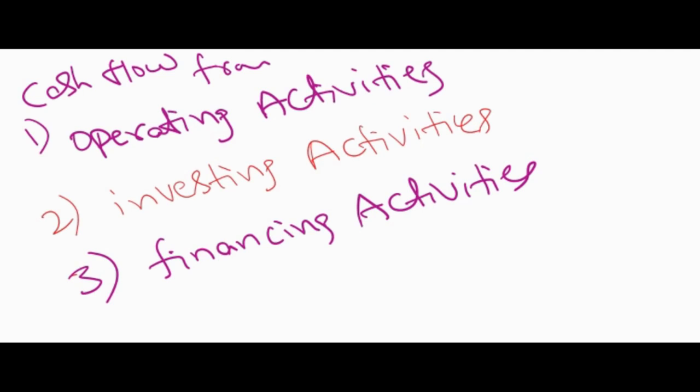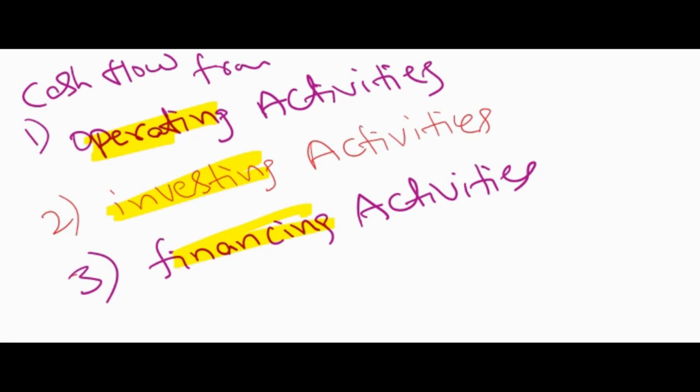So these are the different types of activities that are happening in any business, right? So we will look into all these three in detail, how we can prepare a cash flow statement with respect to all these three activities.